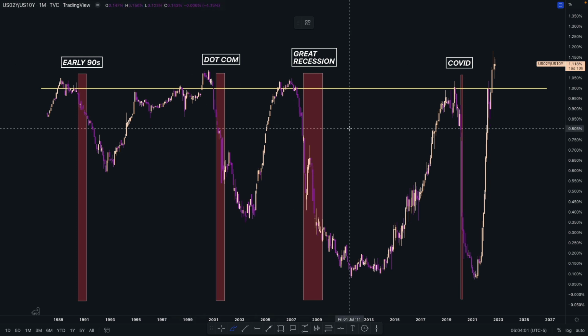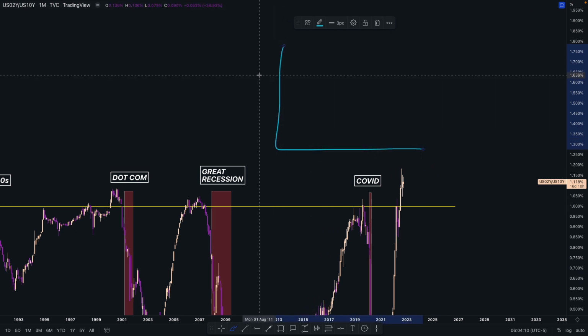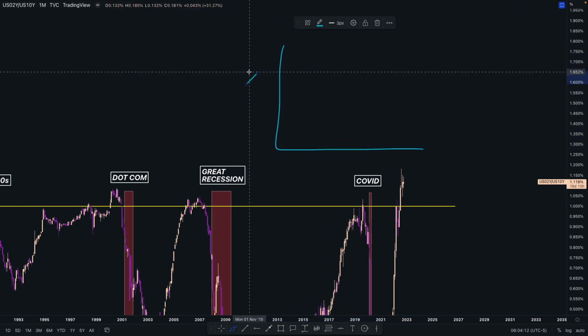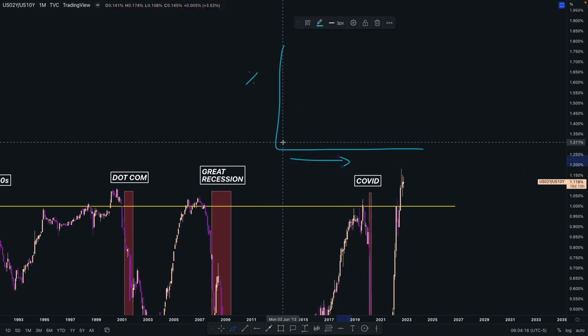Why? Because think about it like this. A normal yield curve should look something like this. Let's draw it up real quick for you guys. So we have the X and the Y axis. This is the yield percentage, how much you're going to be getting back. And then this is the time, right? So you've got your 3-month, your 2-year, your 10-year, and then your 30-year.